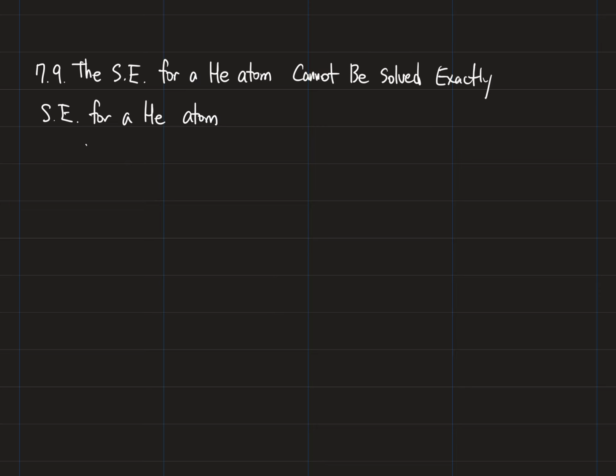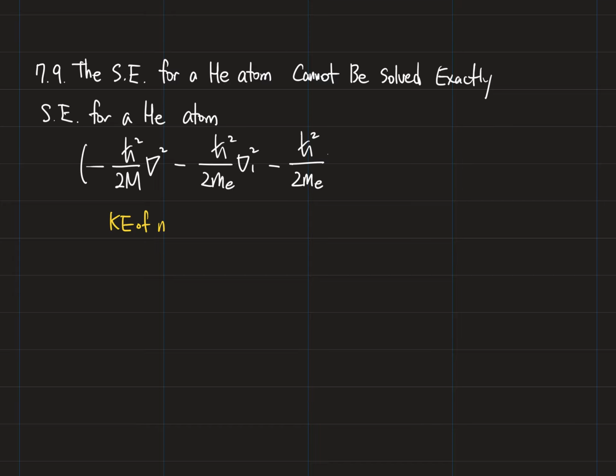So this is the kinetic energy of the nucleus, and these terms are the kinetic energy of the electrons. But for a helium atom we have 2 electrons, so that's why I use the subscripts 1 and 2. So this is the first electron and the second electron.